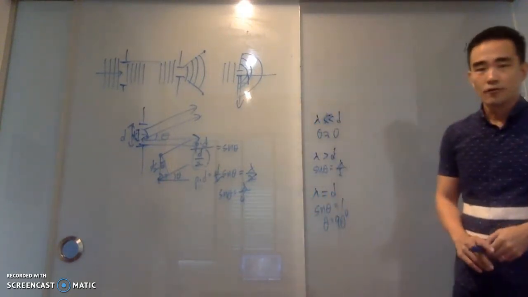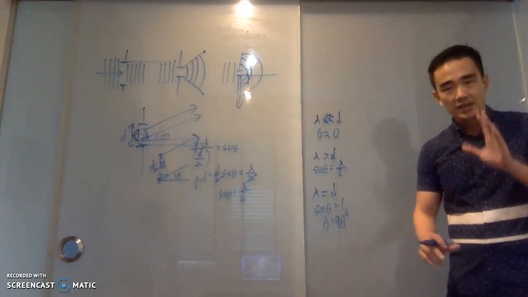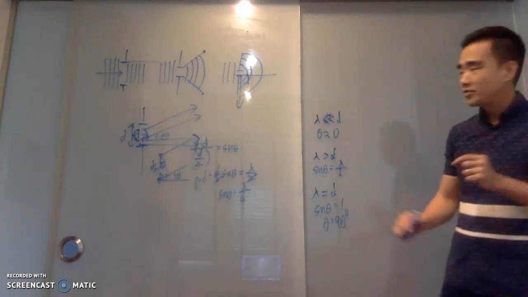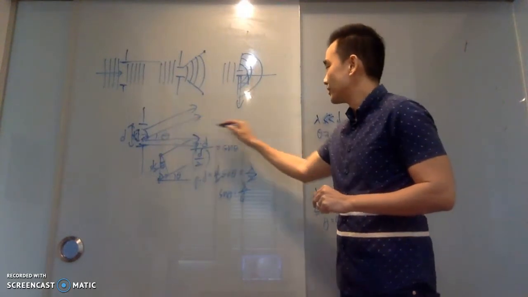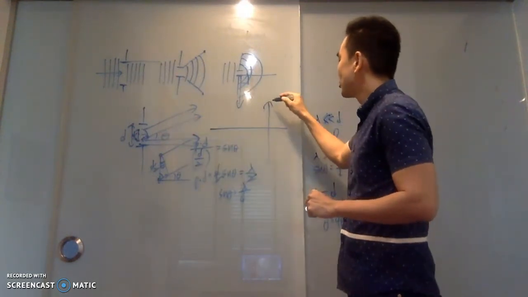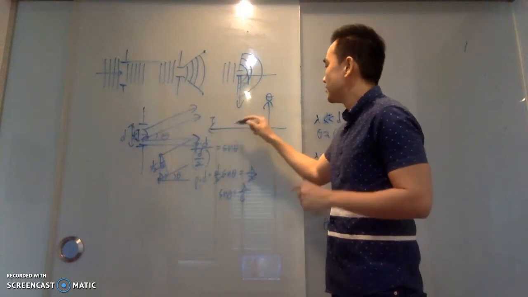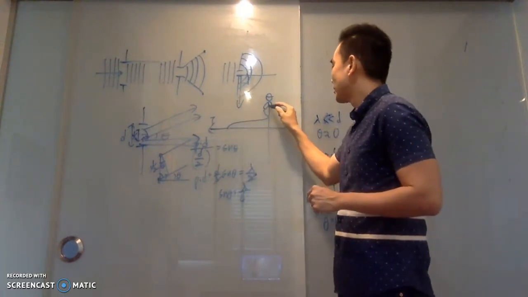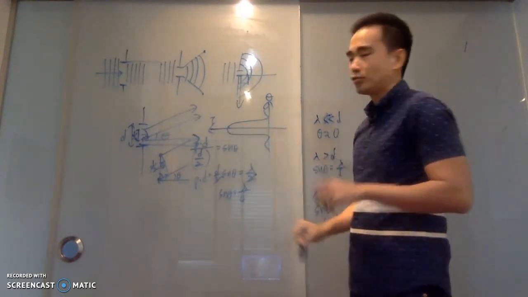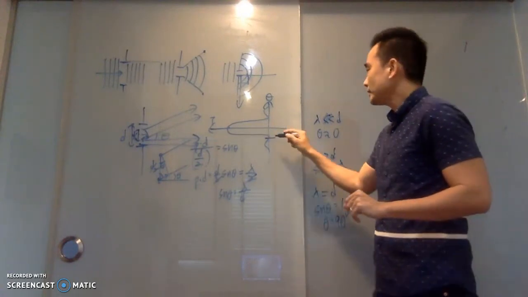However, there's a big flaw over here. Oh yes, before I go on to the flaw, what you need to know is that if I have a light ray or sound wave going through, the intensity versus theta will look like this. There are two things I'll look out for as an examiner.